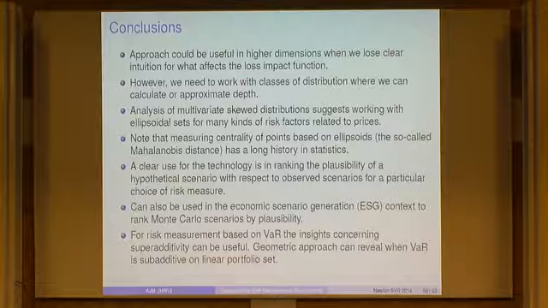However, I will have to concede that in order to implement this framework, you need to work with classes of distribution where you can either calculate or at least approximate depth. And the reason I included the part about generalized hyperbolic distributions is they are quite a popular family for modeling price changes, which show heavy tails or show skewness.